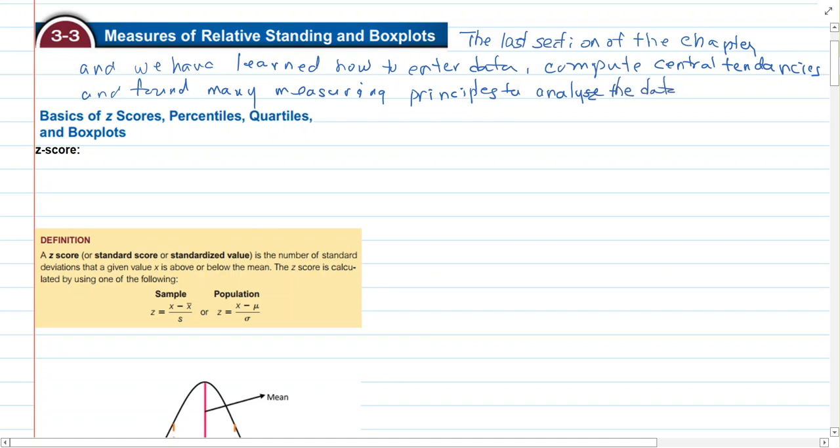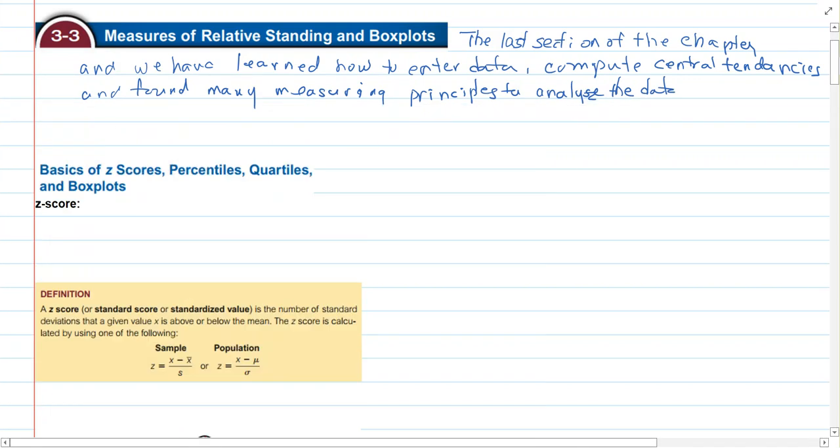So now we ended section 3.2 with the bell curve.